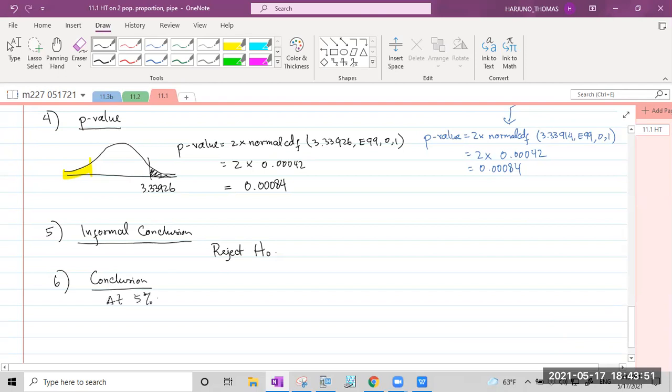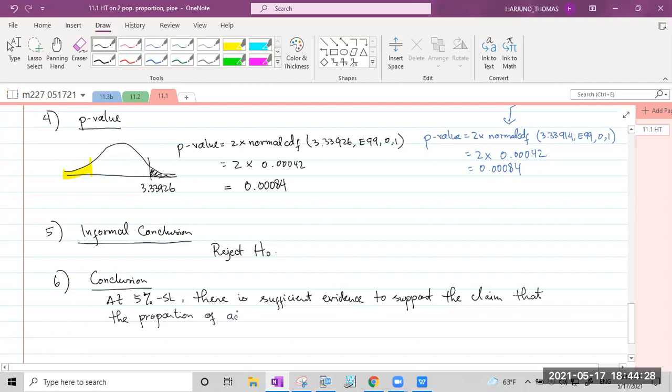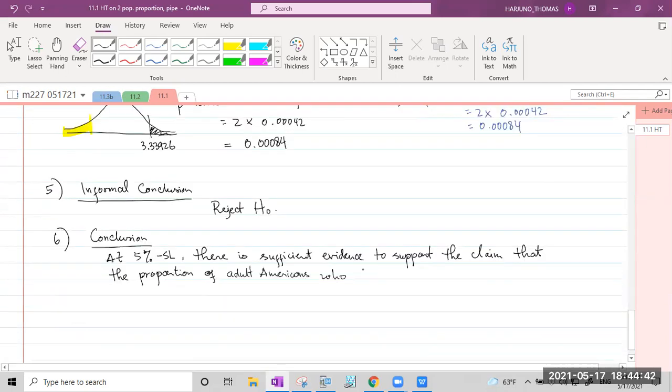At a 5% significance level, there is sufficient evidence to support the claim that the proportion of adult Americans who totally abstain from alcohol has changed.